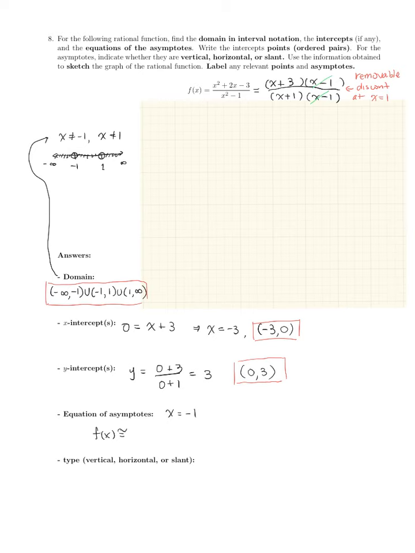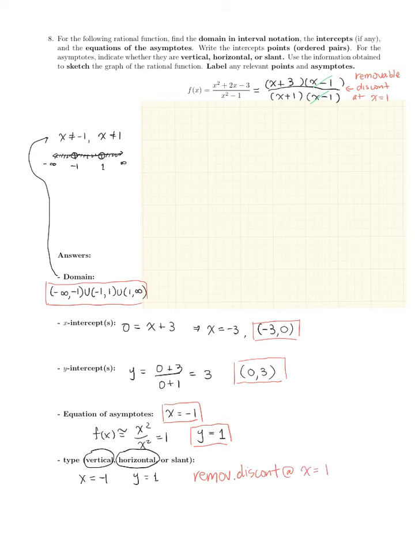So f of x behaves just like x squared over x squared, which equals 1. So we're going to have a horizontal asymptote at y equals 1. Let me box these. Vertical is x equals negative 1, horizontal is y equals 1. And don't forget the removable discontinuity at x equals 1.